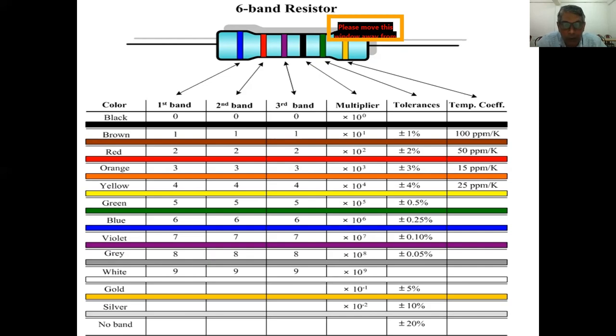Anyway, in this unit, please remember the values. Black has 0, brown has 1, red is 2, orange is 3, yellow is 4, green 5, blue 6, violet 7, gray 8, and white 9.